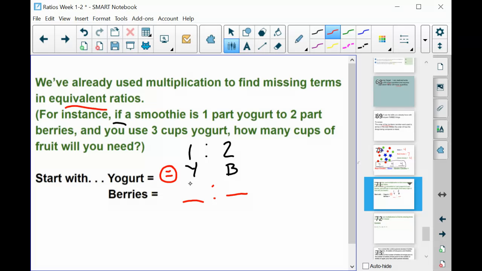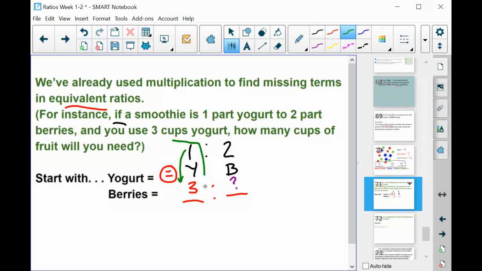If you use 3 cups of yogurt, how many cups of fruit will you need? So right here is where our question mark is our missing term. So think about how we've done this before. You can think about this kind of like simplifying a fraction if we are reducing, but in this case, look at the relationship between 1 and 3.